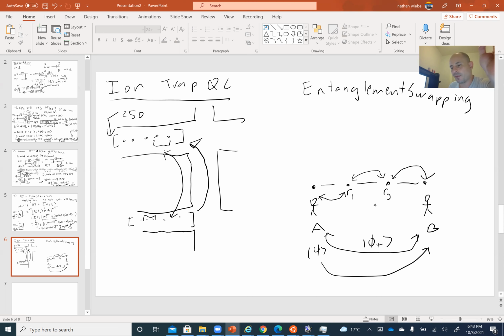It's much more likely that they'll have to go through intermediaries, and this process of teleportation allows them to do that. So that's teleportation in a nutshell, and I hope you liked it. It's surprisingly simple, everything considered.